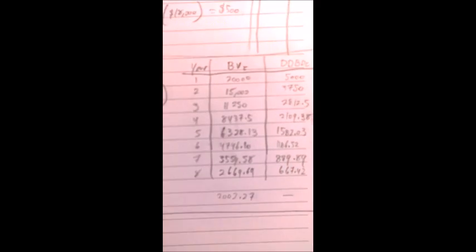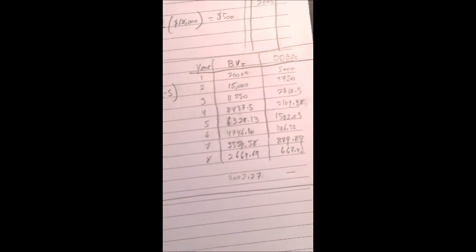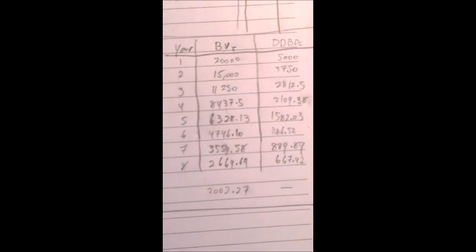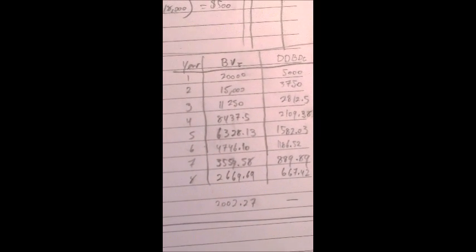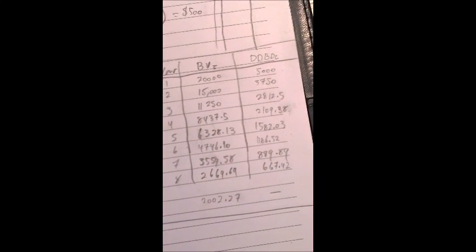So let's see here. For year one, your book value is $20,000. So if you take 1/4 of $20,000, you get 5,000. And then when you subtract $5,000 off of $20,000, you get 15,000. And then you plug that new book value back into the equation, so it would be 1/4 times 15,000, and that would give you 3,750.